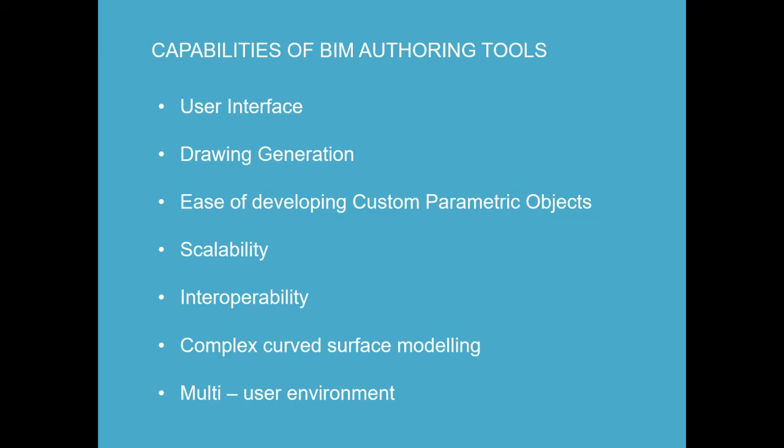Okay. Then it can create complex curved surface modeling. If you have used AutoCAD, whenever you create certain types of curves and then zoom in and zoom out slightly, you might have noticed that there are certain pixels on those curves. So curves are not smoothly created there. You can see a step-like structure there. Have you noticed that kind of thing?